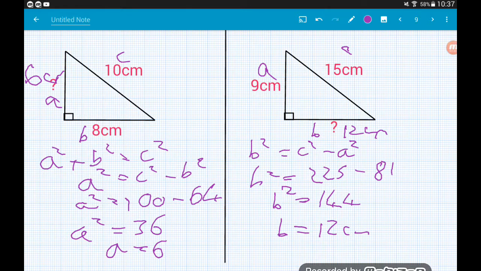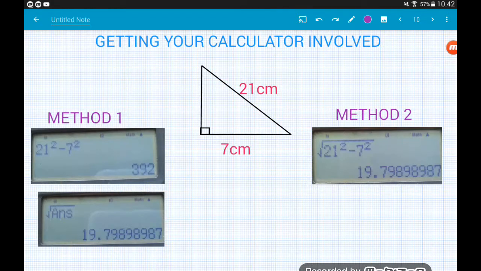Okay, so let's check out two questions where we're going to need our calculator. Again I've got the two different methods on the left and right. Just remember that this time, instead of adding two things together, we're going to be doing a subtraction, because we're going to be looking for one of the shorter sides.